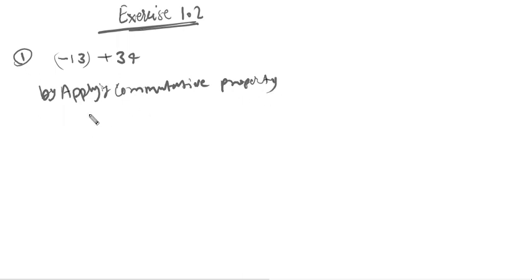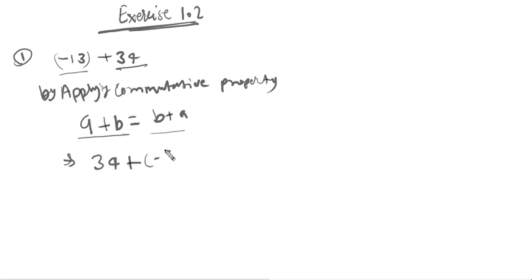What is the commutative property? A plus B will be equal to B plus A, right? So here this is your A and this is your B, so you can write it like this way: 34 plus minus 13.